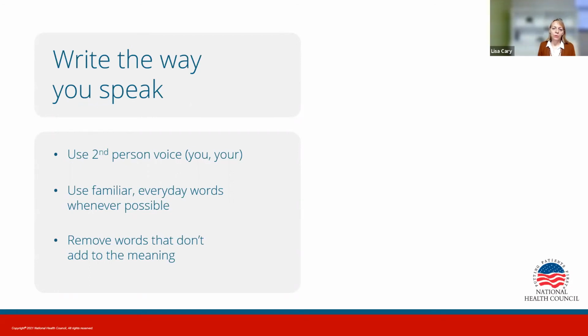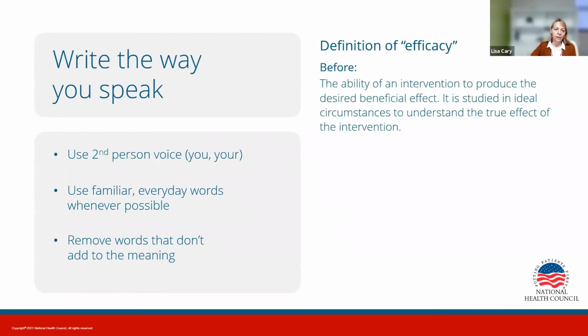Also, remove words that don't add to the meaning of your message. So, here's an example. This is from the NHC glossary that we reviewed. And the original definition of efficacy is kind of long. The ability of an intervention to produce the desired beneficial effect. It is studied in ideal circumstances to understand the true effect of the intervention.